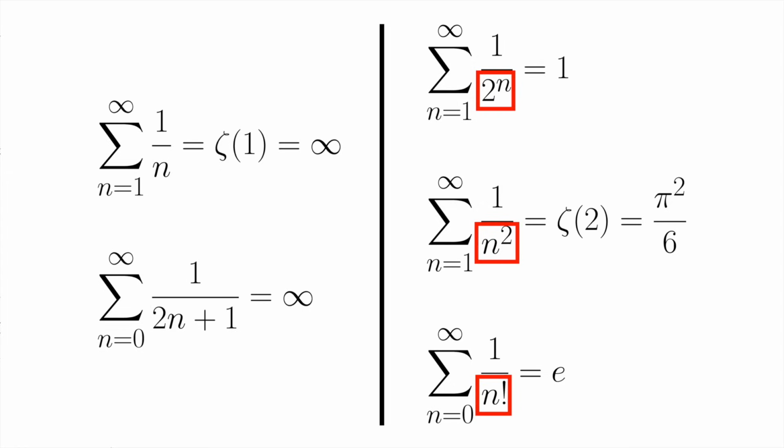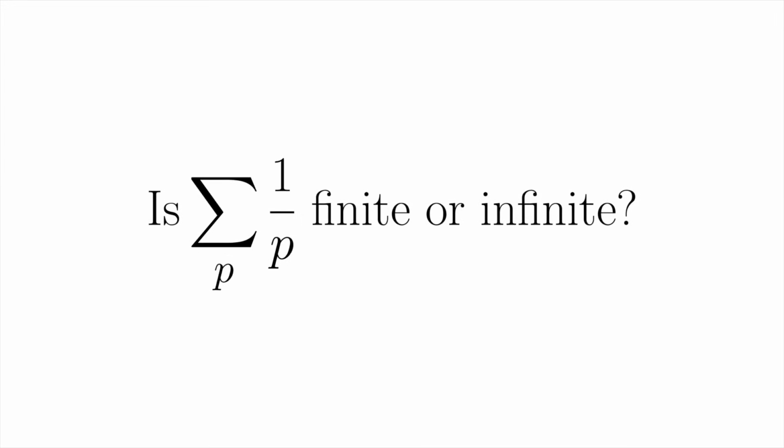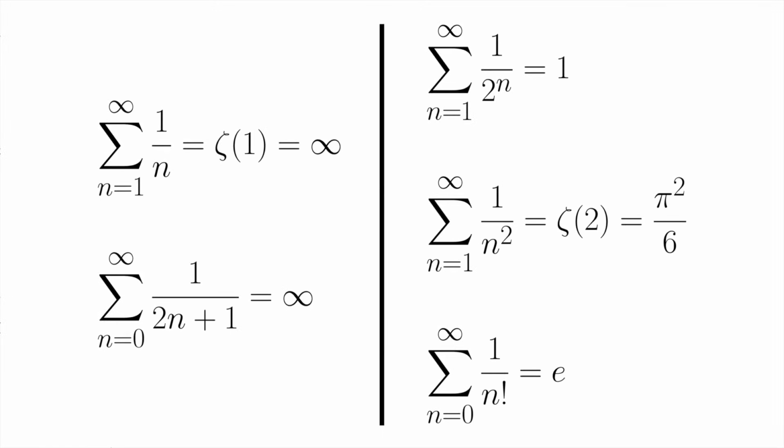So Euler's real question here, more so than the exact value of this sum, is whether this sum itself is finite or infinite. In other words, are the primes rare, like the squares, or the factorials, or the powers of 2? Or are they common, like the odd integers, or the integers themselves?